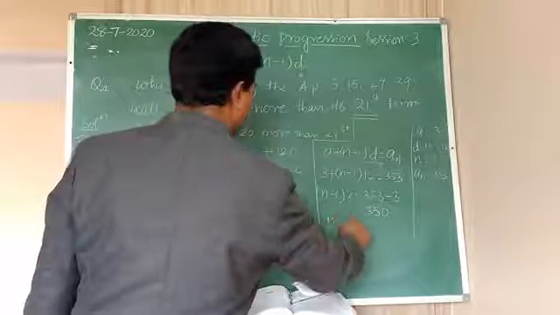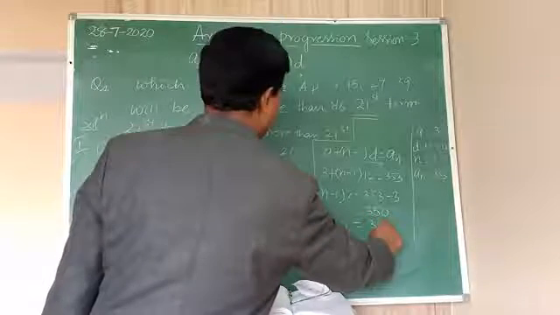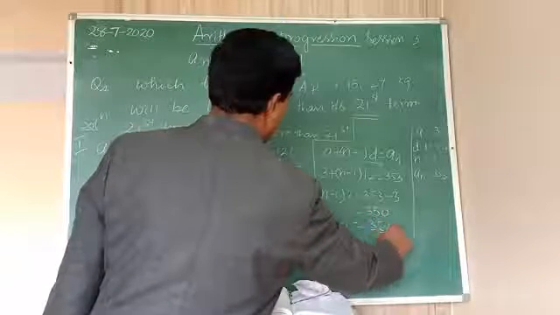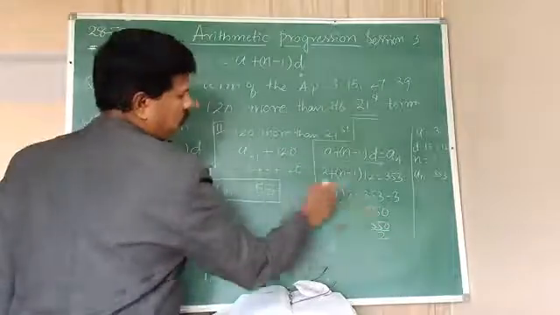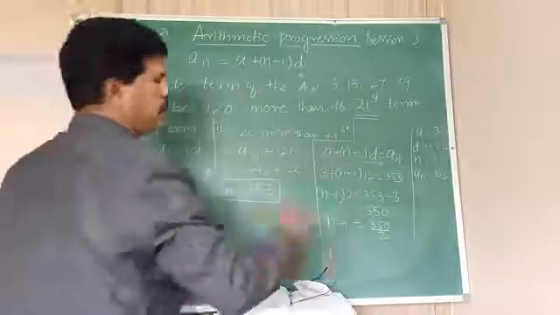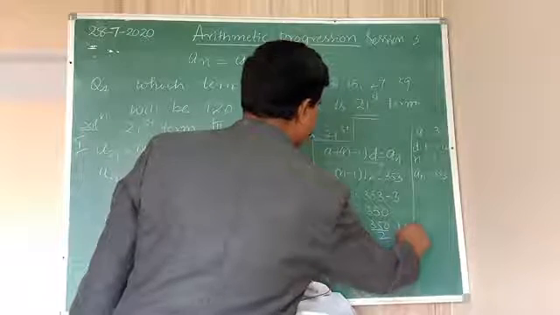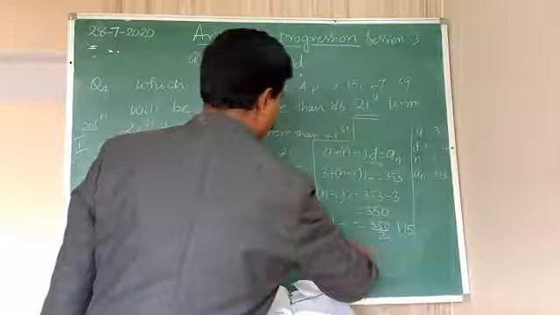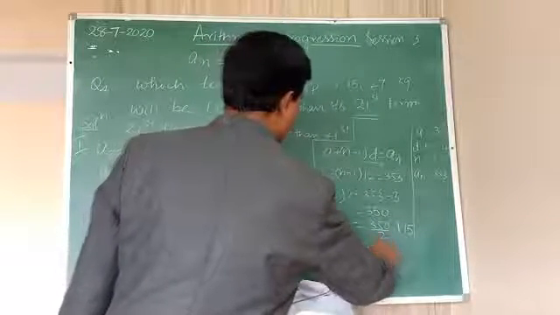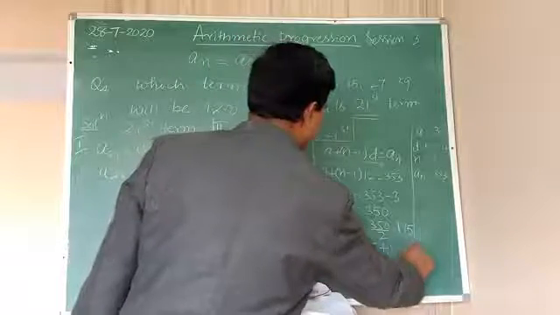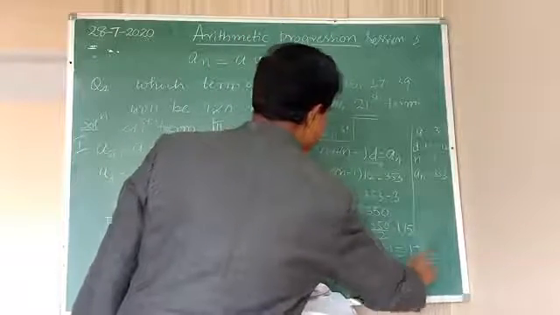Now n minus 1 is equal to 350 by 2. Shift this 2 downwards. Then when you simplify this, 2 ones are 2, 2 sevens are 14, 2 fives are 10. Therefore n is equal to 175 plus 1 equals 176.